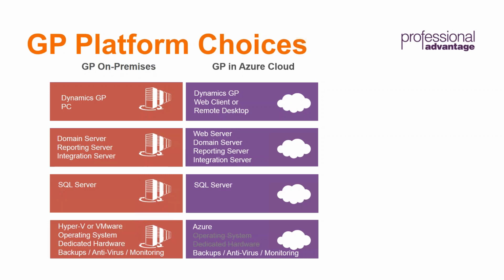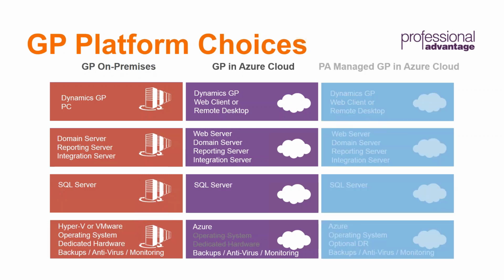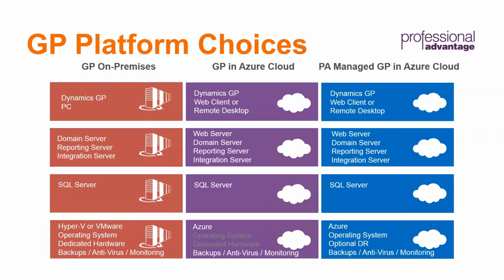The third option is the same as the second, with the difference being that someone like PA would manage that cloud deployment, which means they're looking after your disaster recovery, operating systems, backups, monitoring and so forth. So those are your three options for deploying GP in the cloud. And of course, we can talk more about that going forward.